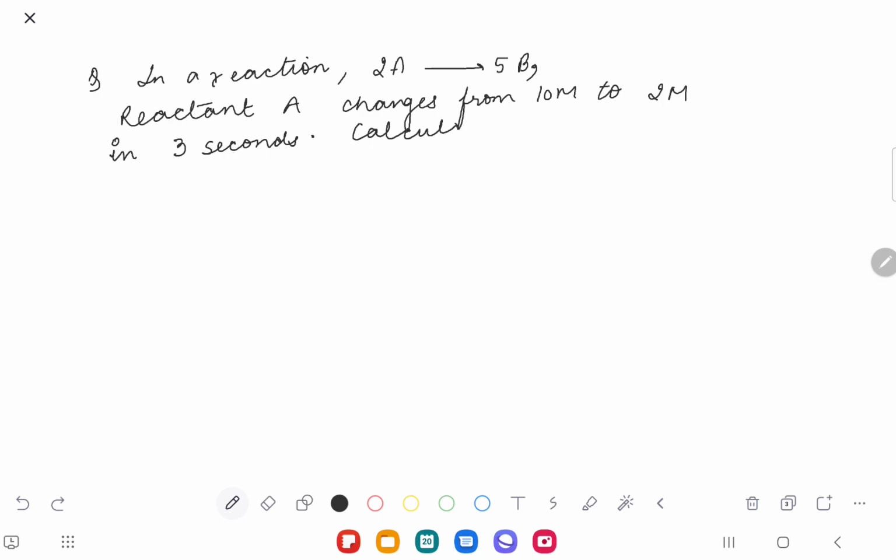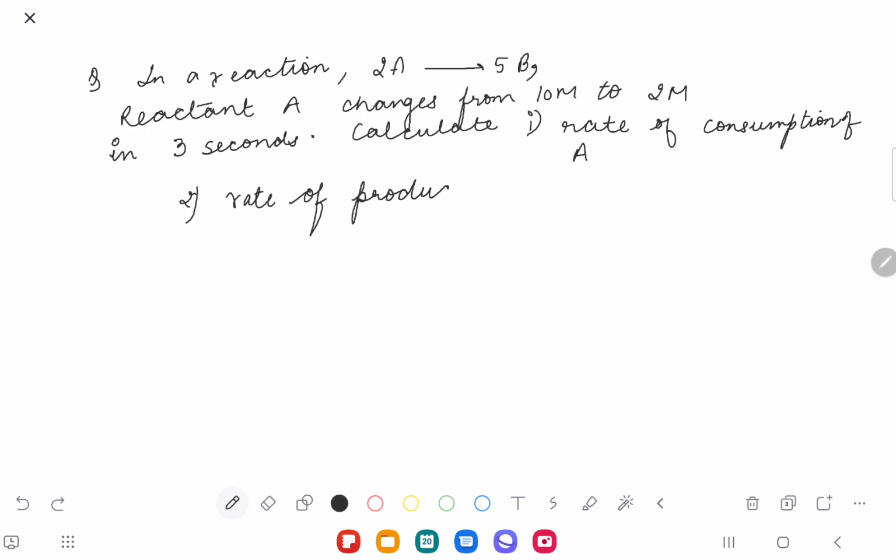Calculate, number 1, the rate of consumption of A. Second, calculate the rate of production of B. Third, calculate the rate of reaction. Yes or no?